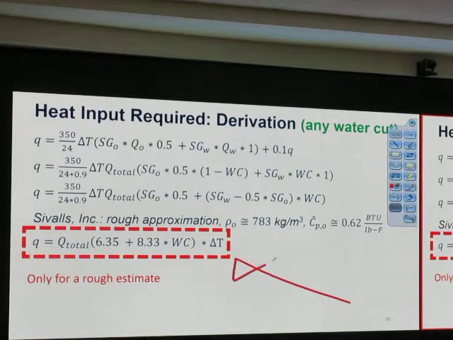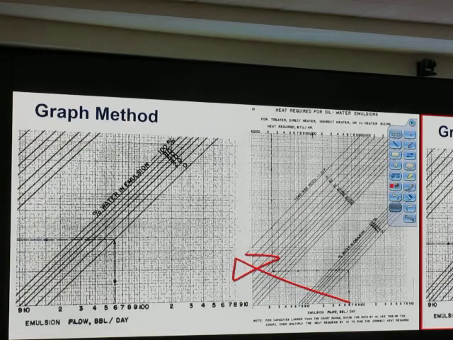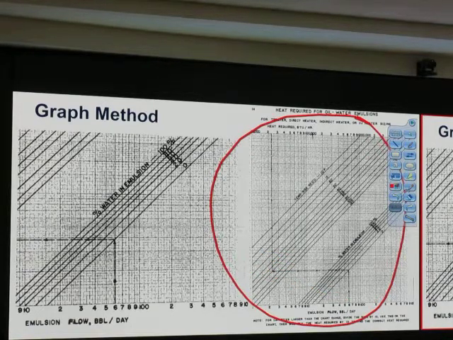So this equation should do something similar to this chart. You agree? If your calculation is not the same as the chart, or is far off, there's a problem. So now we have 2 methods to get BTU per hour of the heater treater.